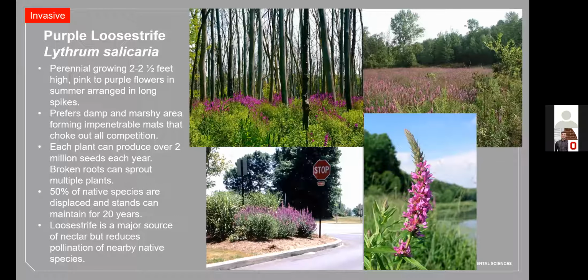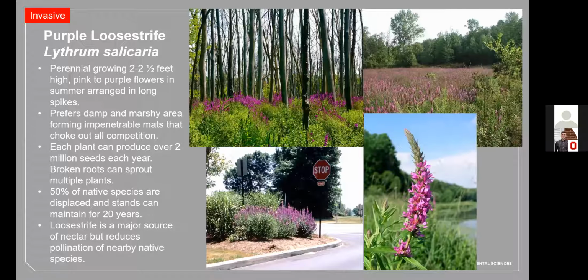We've also seen it along the Ashtabula River and at the Redbrook Metro Parks Preserve along Lake Erie. With their ability to produce as many as 2 million seeds a season and ability to reproduce from broken pieces, it can easily outcompete natives and form large continuous stands that can maintain themselves for over 20 years.